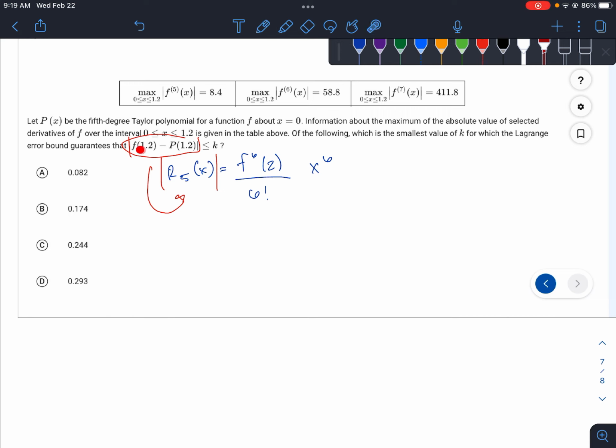The difference means error: the actual value of the function minus the approximate value of the function. So r sub 5 of 1.2 is equal to the sixth derivative at z over 6 factorial times 1.2 to the 6th, and we're saying that this has to be equal to k.